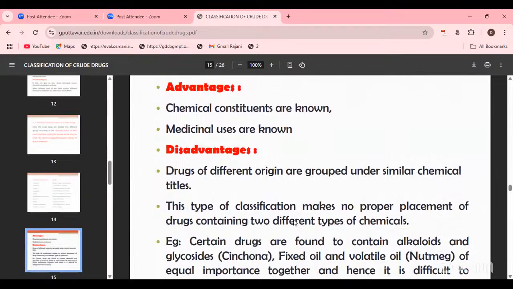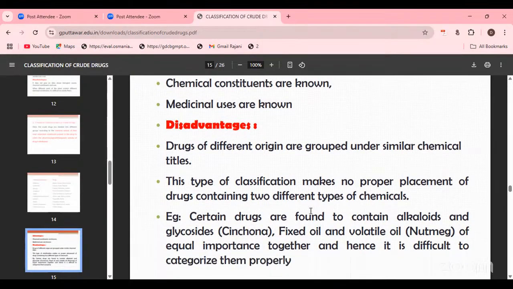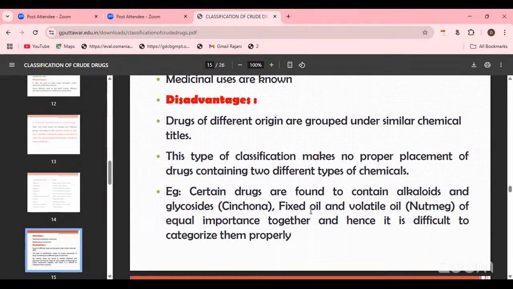In this classification, the chemical composition is the most important, and medicinal uses are also known. Disadvantage: drugs of different origin are grouped under similar chemical titles. This type of classification makes no proper placement of groups containing two different types of chemicals.